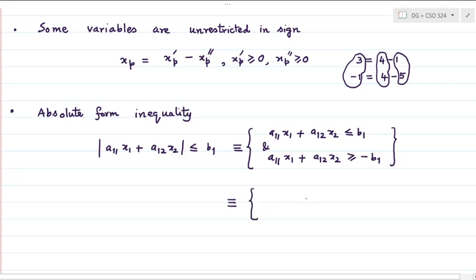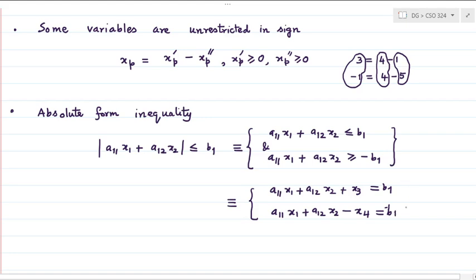And from here you add two variables. The one you add here is a slack variable. So here a11x1 plus a12x2 plus x3, x3 is a slack variable here, is equal to b1, and here a11x1 plus a12x2, sorry, minus x4 is equal to minus b1.